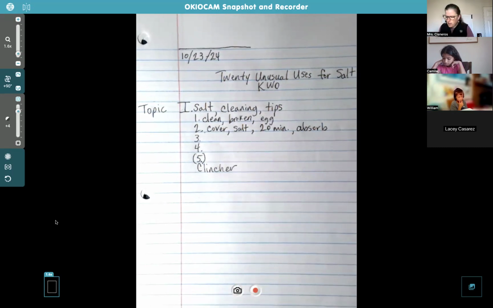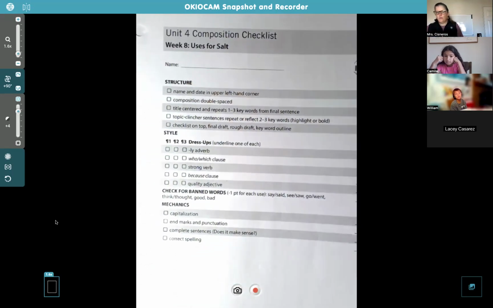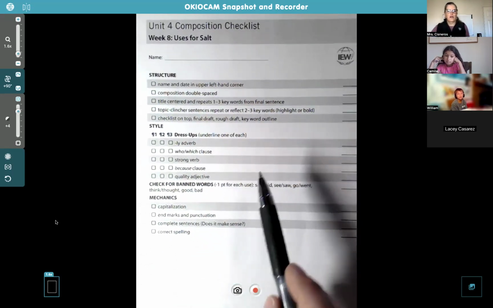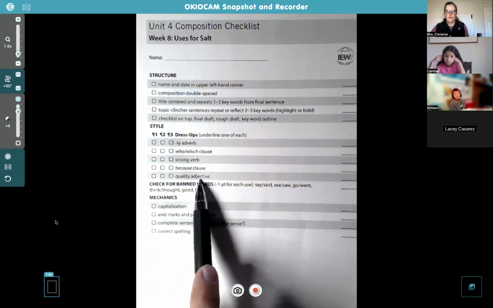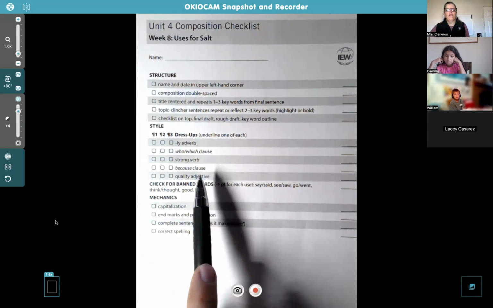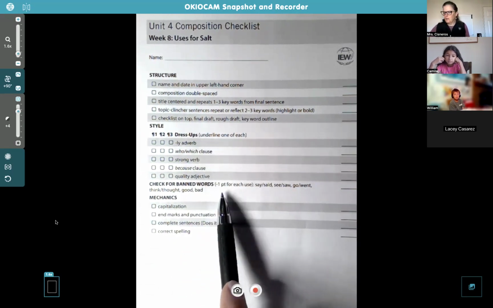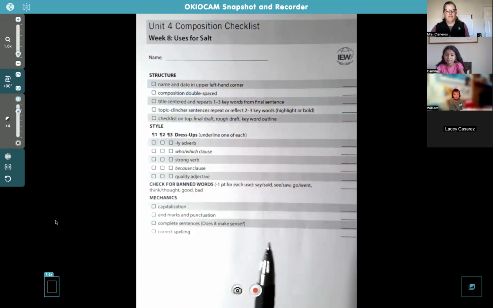And remember, your checklist, let's look at it really quick before you go, has a lot on it now. And we added something. We're going to talk about this next week, but notice there's quality adjective on here already. You guys already have 5 things to underline. 1, 2, 3, 4, 5.